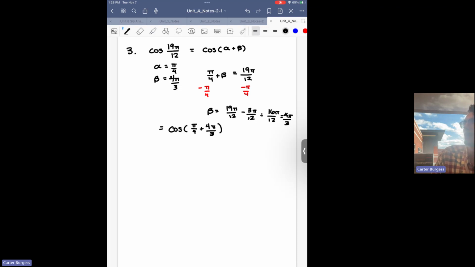Mean, it's going to mess around with the plus. It's going to move all the cosines to one side, all the sines to the other. We're going to get cosine of pi over 4 times cosine of 4 pi over 3 minus sine of pi over 4 sine of 4 pi over 3.